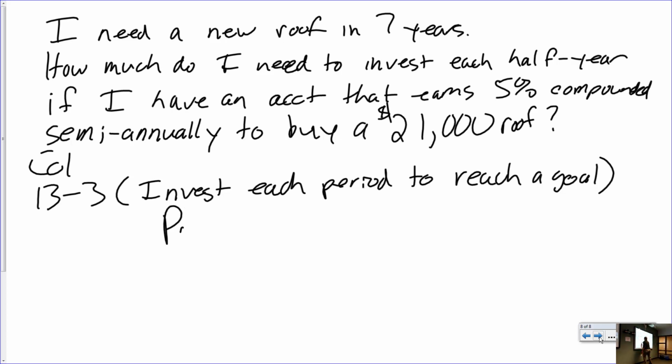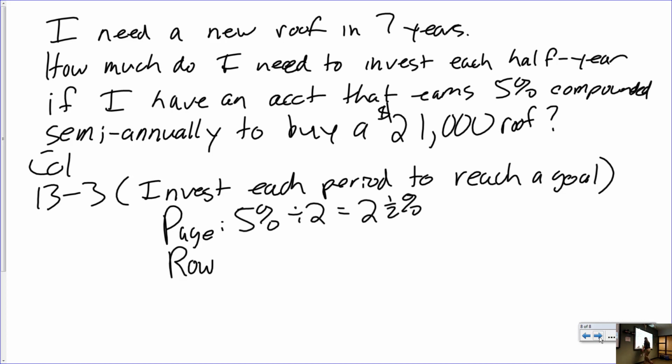So what page am I going to go to? 2.5. Because it's a 5% account. It's compounded semi-annually, twice a year. I'm on the 2.5% page. What row am I going to go to? 7 years, twice a year, 14 periods.